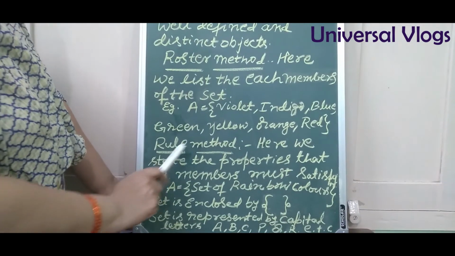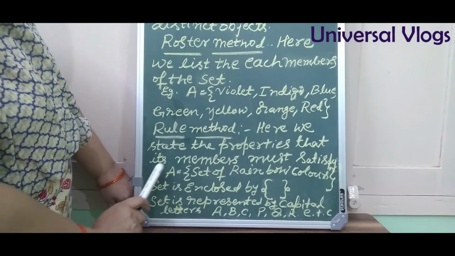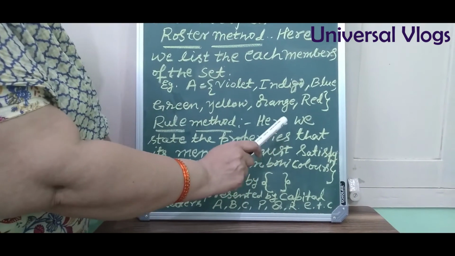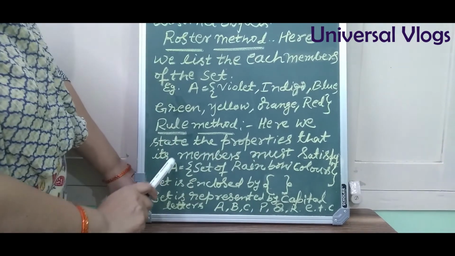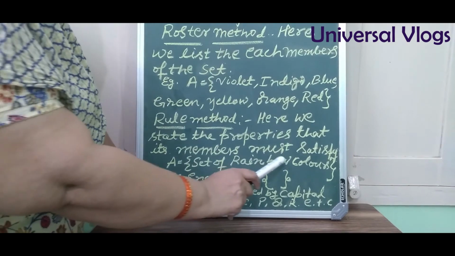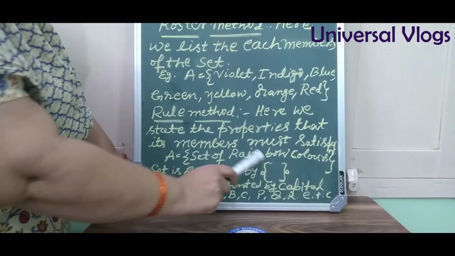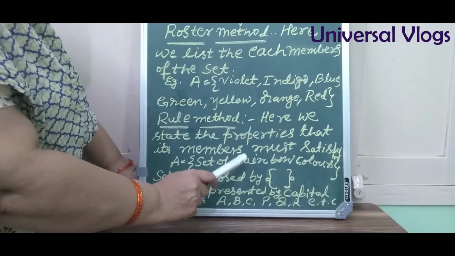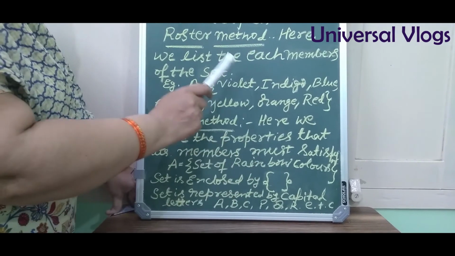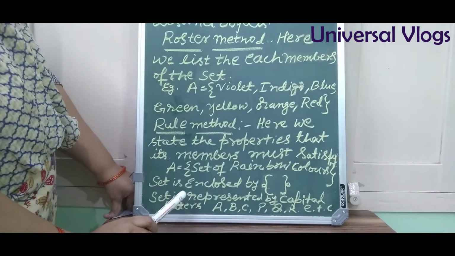Next is the rule method. Here we state the properties that its members must satisfy. The same set I can write like this: A is equal to set of rainbow colors. I have given the description of the particular set here. Set of rainbow colors means violet, indigo, blue, green, yellow, orange and red.